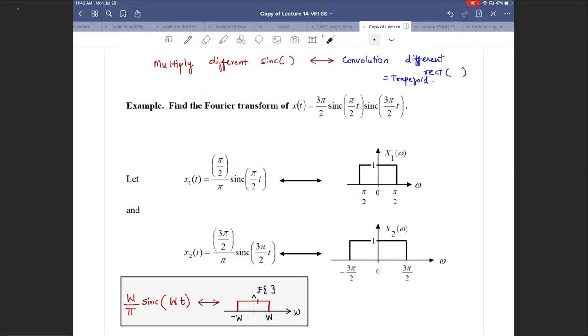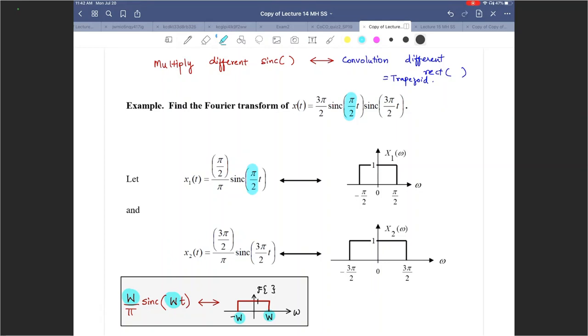So using this, the first thing I notice is this. If this is w, that needs to be w, so that I can have a w here, right? They all need to be w. The first sinc over here is pi over 2t.